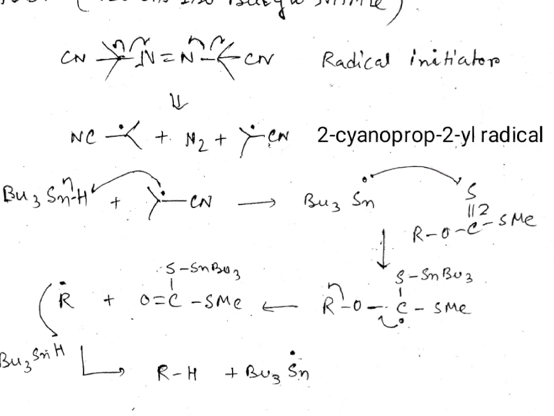After that, this radical will go here and this bond will be broken. So ultimately an alkyl radical will be formed. And this alkyl radical will snatch a hydrogen from Bu3SnH and ultimately it will make an alkane from an alcohol.